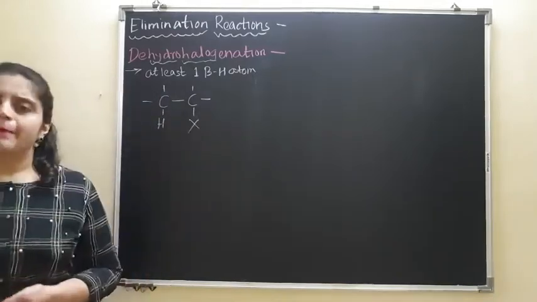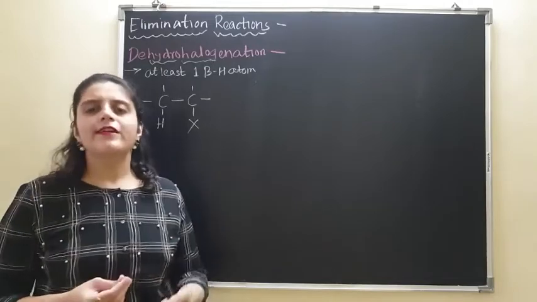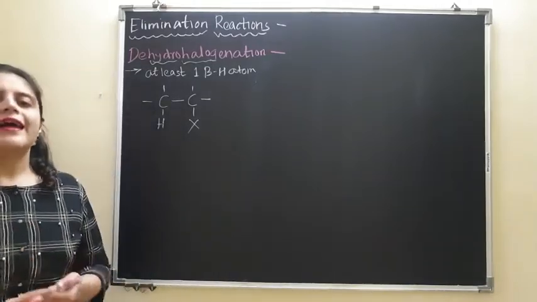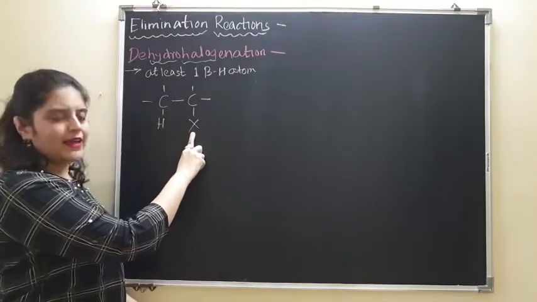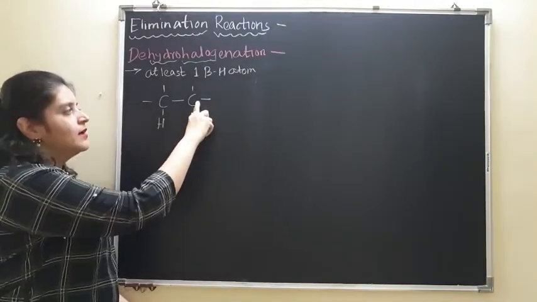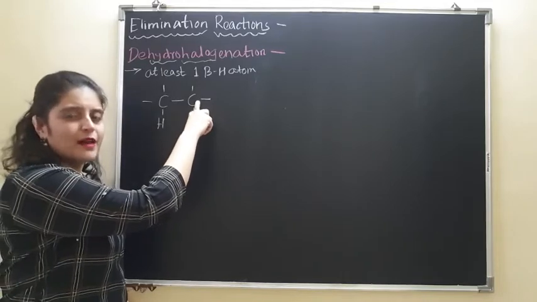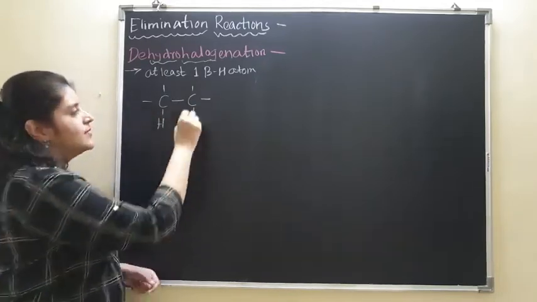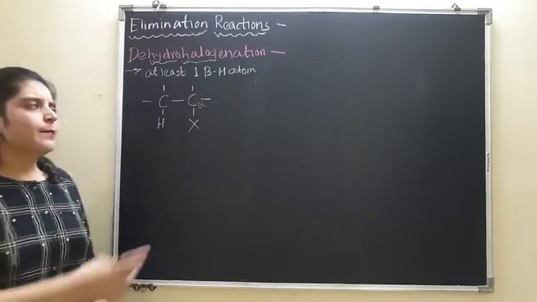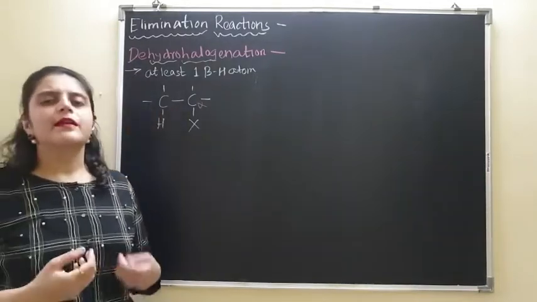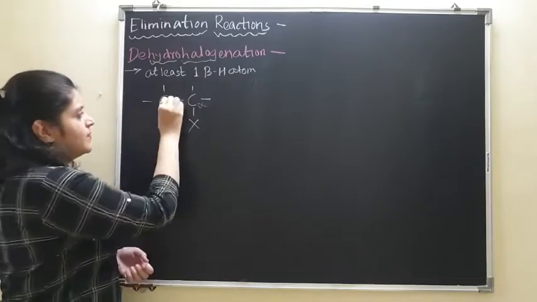Now we label the carbon atom to which halogen is attached as alpha carbon. The halogen is present over here, X, and this halogen is attached to this particular carbon. So we call this carbon alpha carbon, and the carbon next to alpha carbon is called beta carbon.